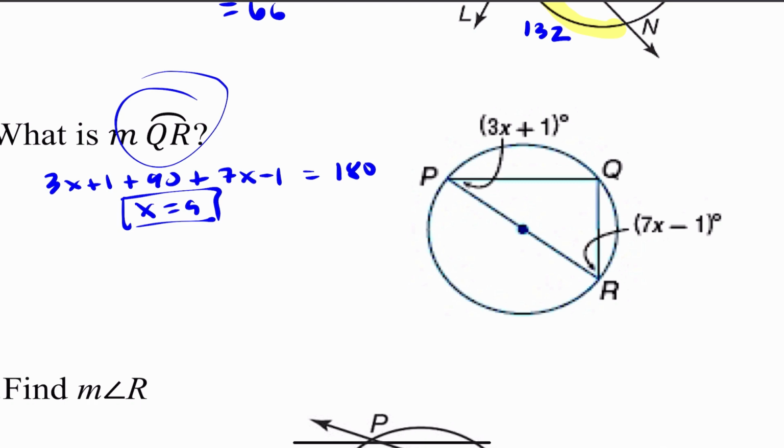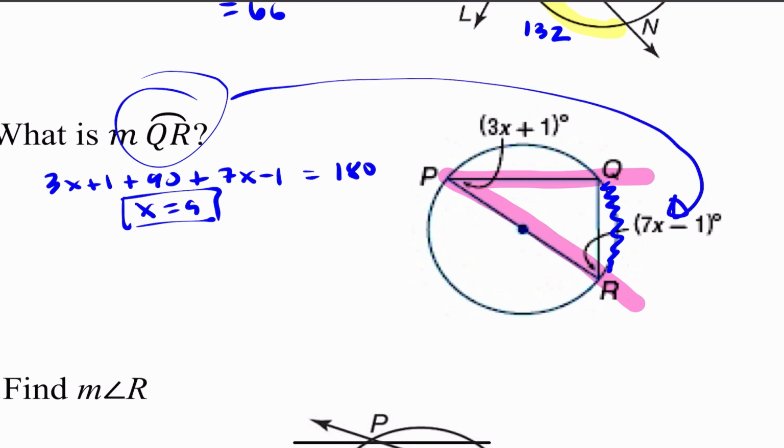If I look at angle P, note that its intercepted arc is QR, which is exactly what we need to find. If I know that x is equal to 9, I'm going to plug it into P, which is 3 times 9 plus 1. That is 28 degrees. So this angle is 28 degrees.